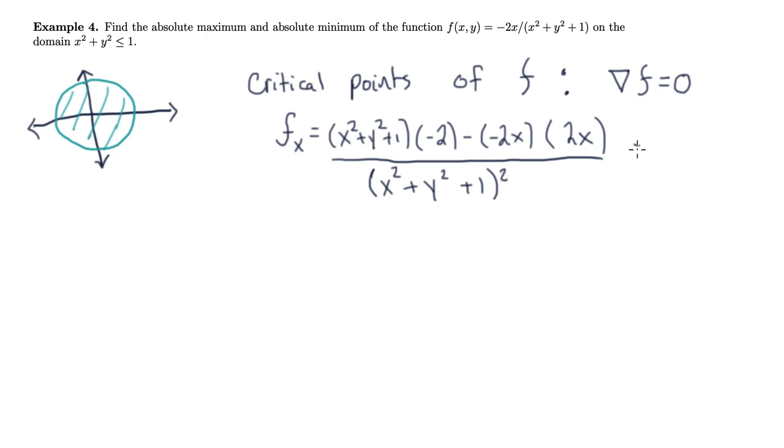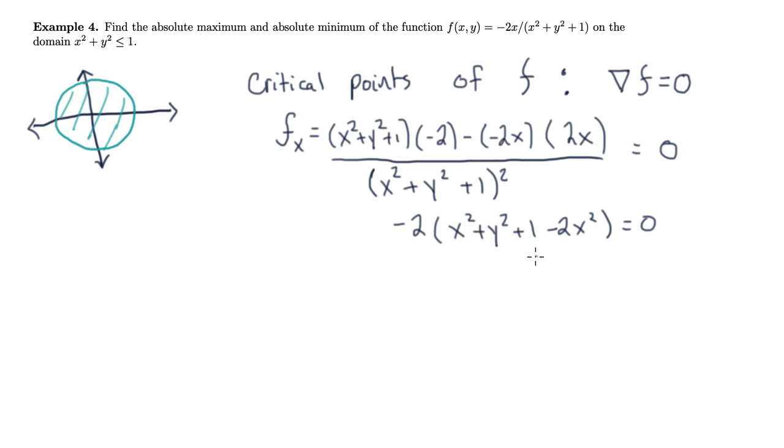Now if I set this equal to 0, I really just want the numerator to be 0. And what is the numerator? Well, I definitely have a factor of negative 2 I can factor out. So I have negative 2 times x squared plus y squared plus 1, and then I factor out a minus 2x, but I have another minus 2x squared, which is 0.